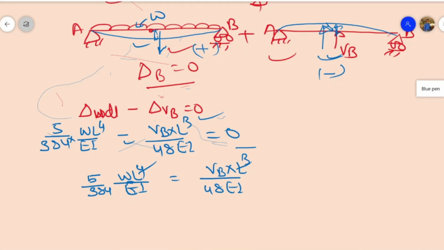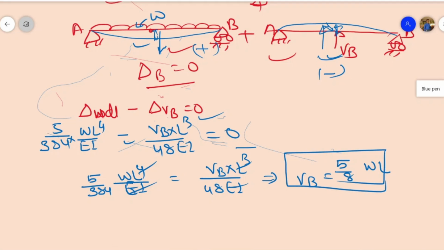L cubed, L to the power 4 gone, EI gone. From here we can calculate VB, and that will be equal to 5 by 8 times WL.